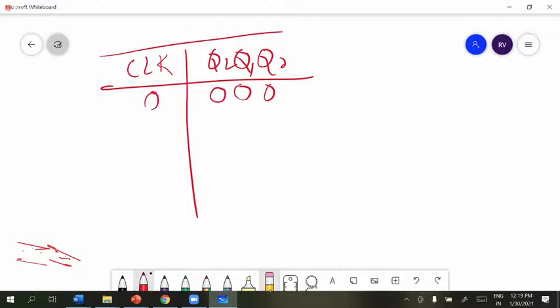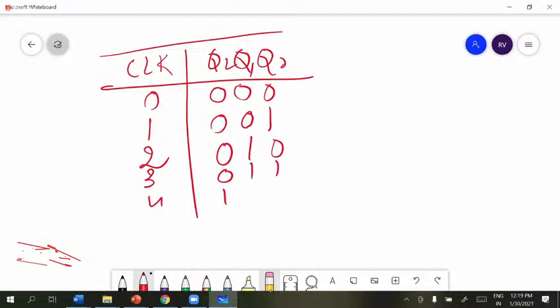When clock is made high, it is the first clock pulse, so then the first flip-flop output toggles, I said. When the second clock pulse is there, I am simply writing binary numbers. Just observe this. 3 means 0, 1, 1. 4 means 1, 0, 0. 5 means 1, 0, 1. 6 means 1, 1, 0. 7 means all ones.